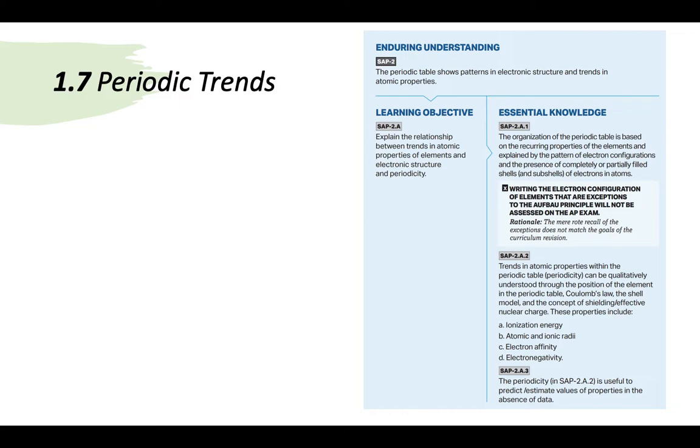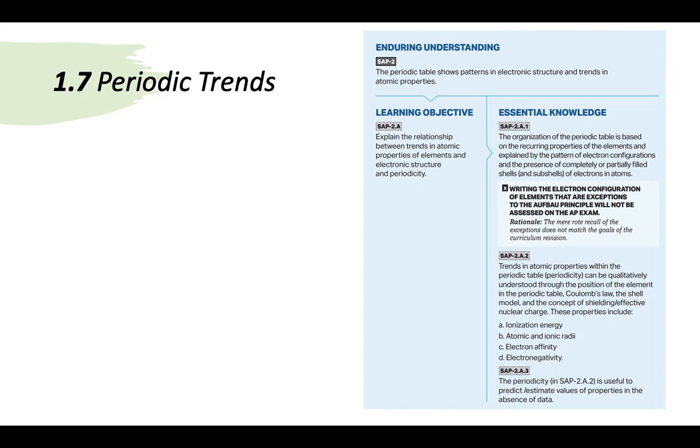Periodic trends is not something where I want you to just say this is more electronegative than that. You have to tell me why. And this is one of those justify your answer things. And the 4 areas that they typically look at are listed there: ionization energy, atomic and ionic radii, electron affinity, and electronegativity.